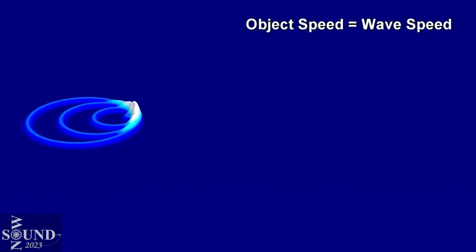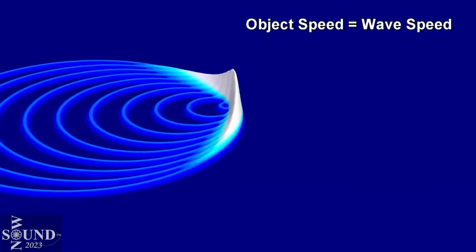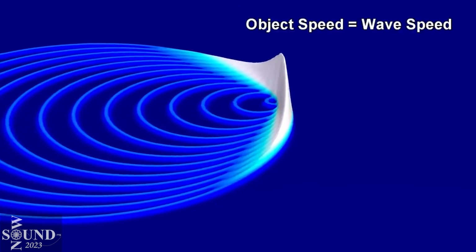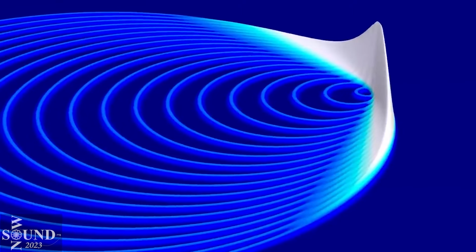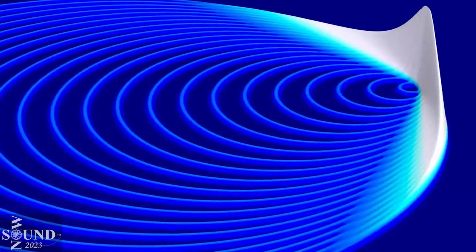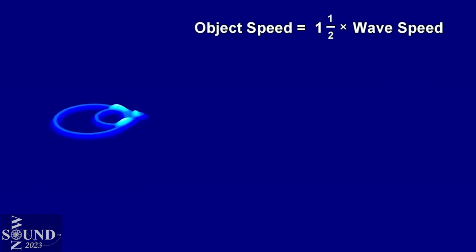Now watch what happens when we go the speed of sound in this medium. See how those waves are compressed, they're squashed up, and they build up. This is moving at the speed of sound. They should have been even circles, but they are now squashed together and compressed.